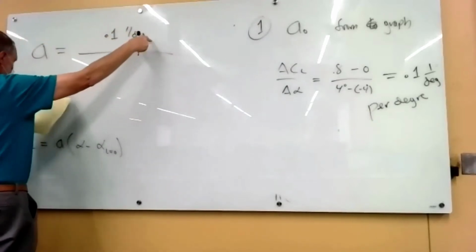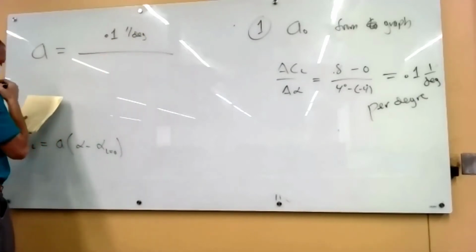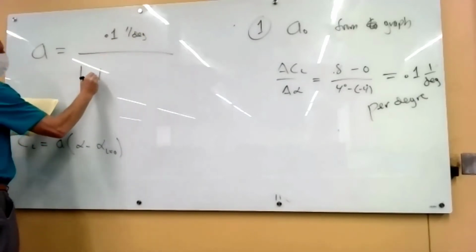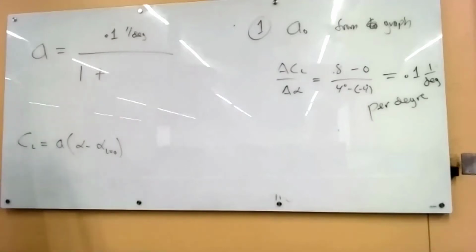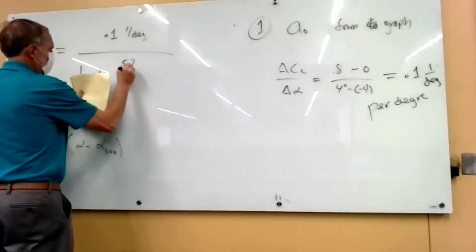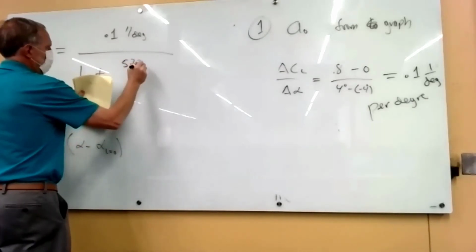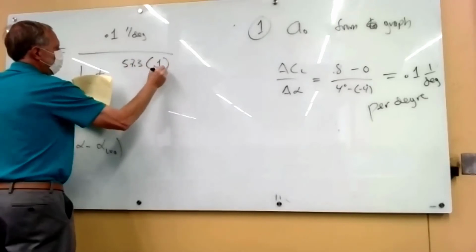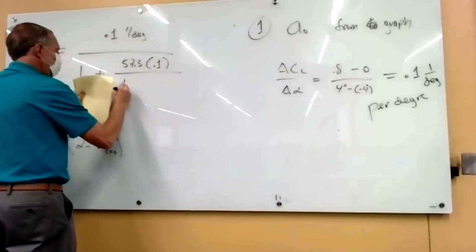The units so we can track them. And then it's 1 plus. And then this is per degree, so we have to use the formula per degree, which includes the 57.3. Then we put in A0. We're going to put in pi.